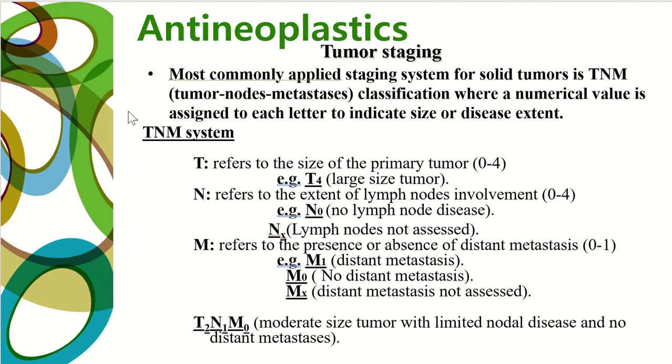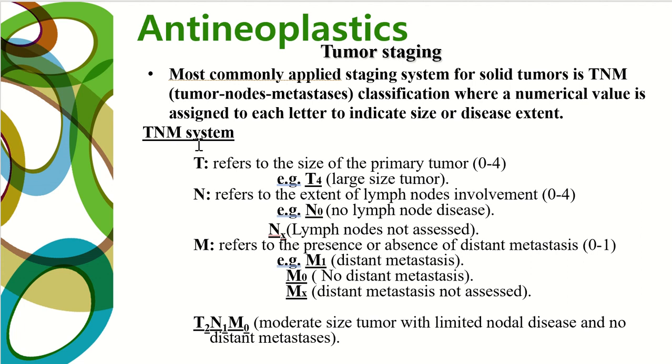In terms of tumor staging, the most commonly applied staging system for solid tumors is TNM, which is tumor, nodes, metastasis classification. TNM is the most commonly used staging system for solid tumors, where a numerical value is assigned to each letter to indicate size or disease extent.